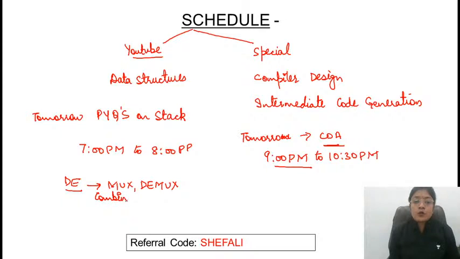Basically, we have to cover the concepts of combinational. काफी हद तक हमने डिस्कस कर लिया. Only coders, decoders and multiplexers, demultiplexers वाला concept pending है, and the sequential one. So I'll be starting with this one from 20th of November in the afternoon. So this session will be in the afternoon.